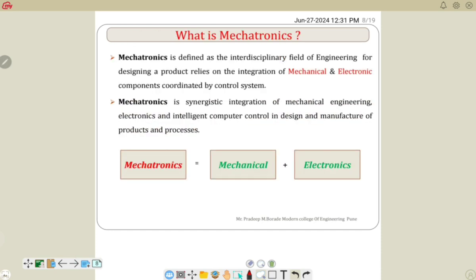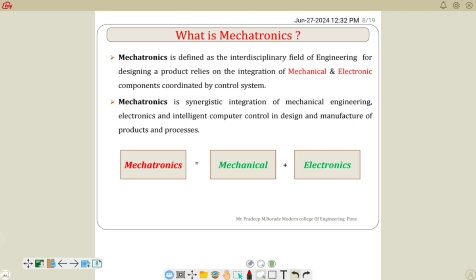Now, what is meant by mechatronics? Mechatronics is defined as the interdisciplinary field of engineering for designing a product that relies on the integration of mechanical and electronic components coordinated by a control system. So in simple language, mechatronics is an interdisciplinary branch.